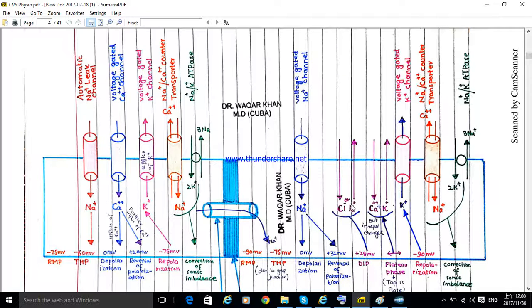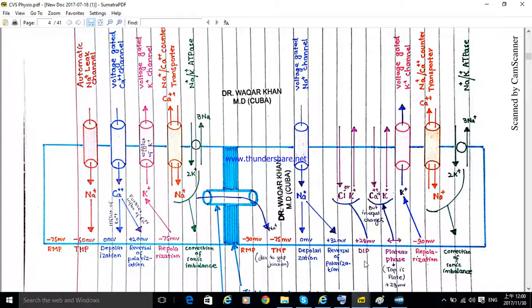Either one of them will happen, and the cell will become less positive and come to plus 28 mV. This phase is called the dip.